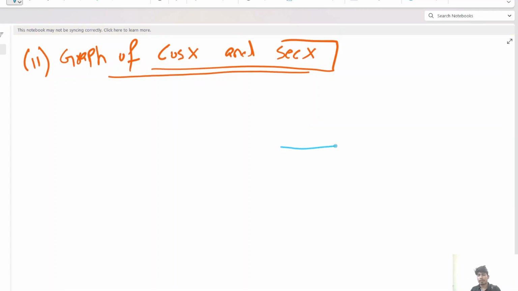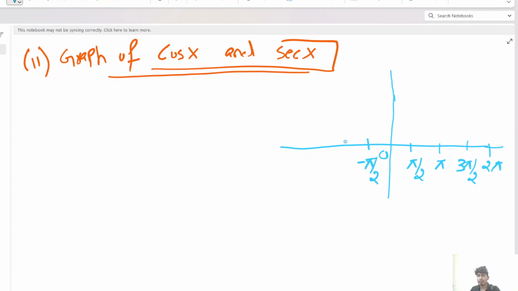This is our x-axis and this is our y-axis. This is our 0, this is pi by 2, this is pi, this is 3 pi by 2, and this is 2 pi. This is minus pi by 2, this is minus pi, this is minus 3 pi by 2, and this is minus 2 pi.